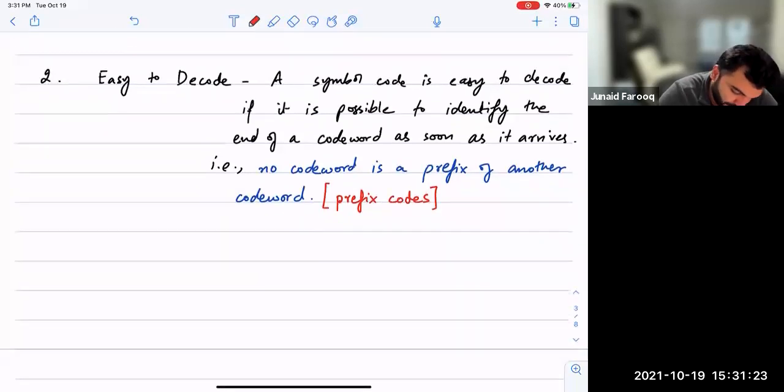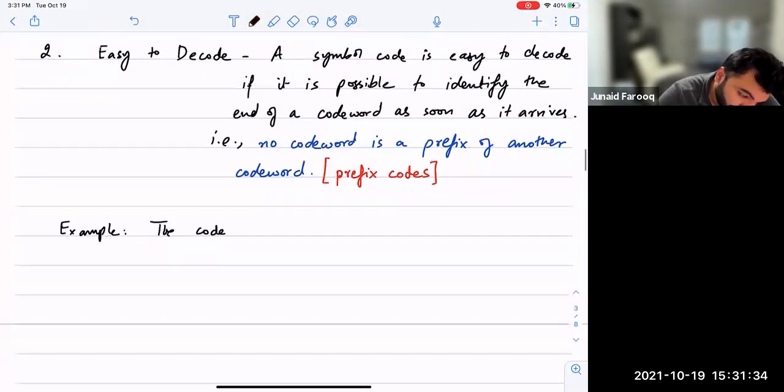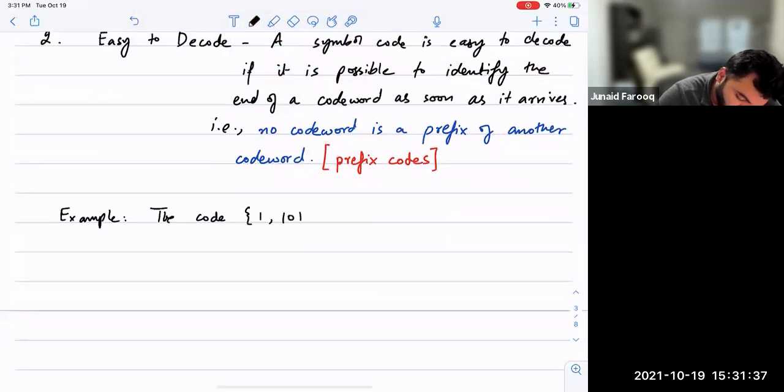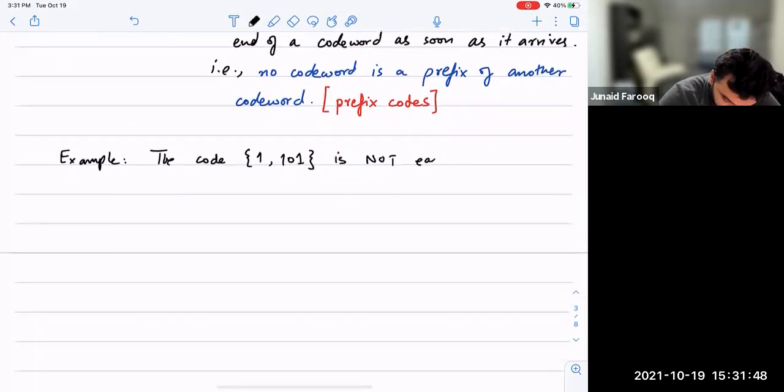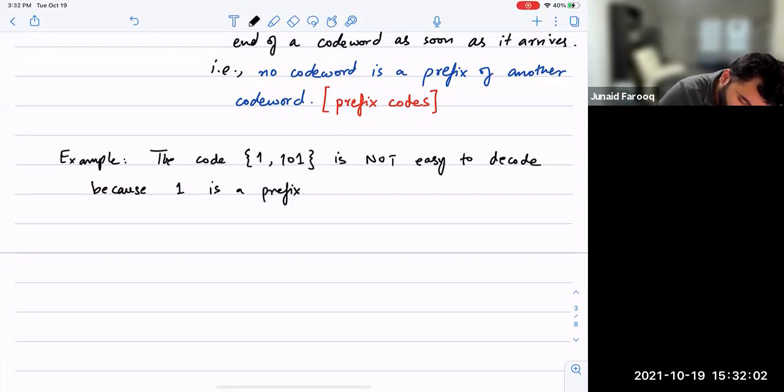So for example, the code 1 and 101 is not easy to decode. And the reason is because 1 is a prefix of 101.